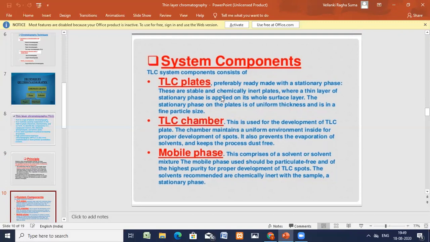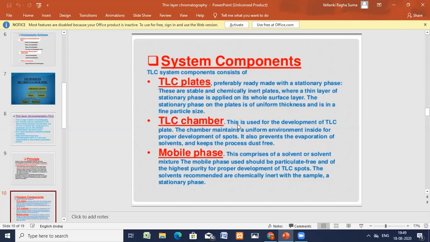Coming to the components, you are having TLC plates, TLC chamber, and mobile phase. In this, separation of components in a mixture on a thin layer is almost similar to that of paper chromatography. The advantage over paper chromatography is that it has a supporting medium.